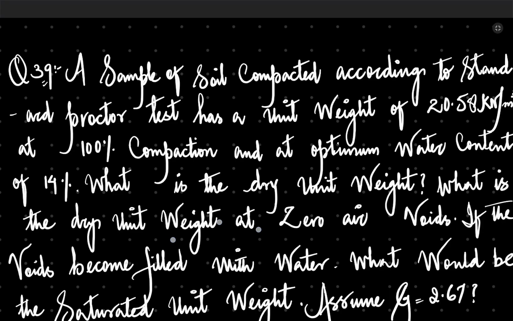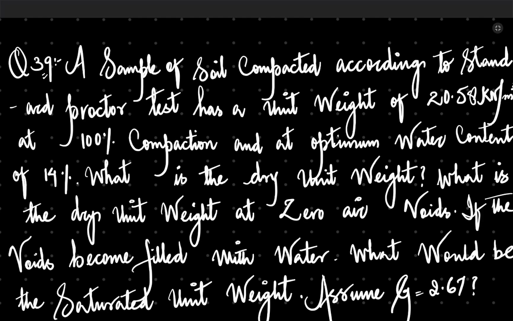Next question is, a sample of soil compacted according to standard Proctor test has a unit weight of 20.58 kilonewton per cubic meter at 100% compaction and at optimum water content of 14%. What is the dry unit weight? What is the dry unit weight at 0 air voids?